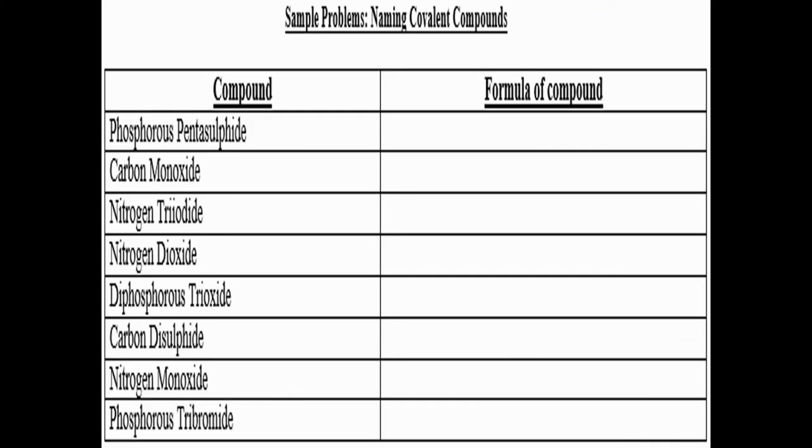You should also be able to make formulas from the names, so you can pause the video, try it yourself, and then check out my answers. So phosphorus pentasulfide, PS5. Carbon monoxide, CO. Nitrogen triiodide, NI3. Nitrogen dioxide, NO2.